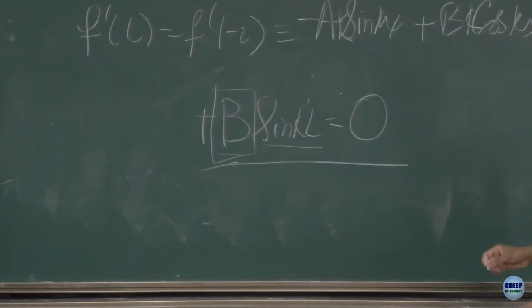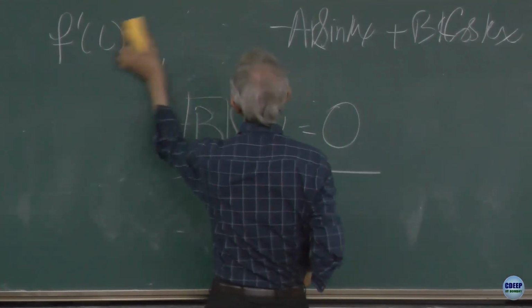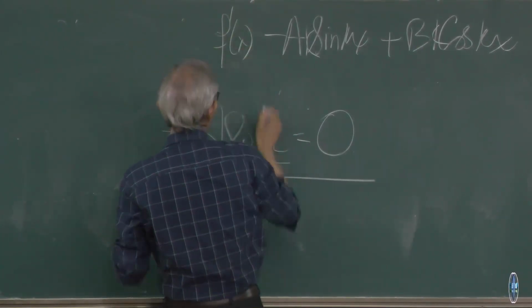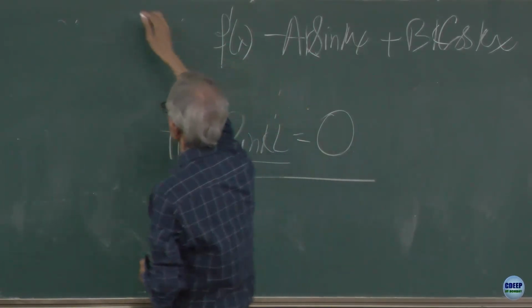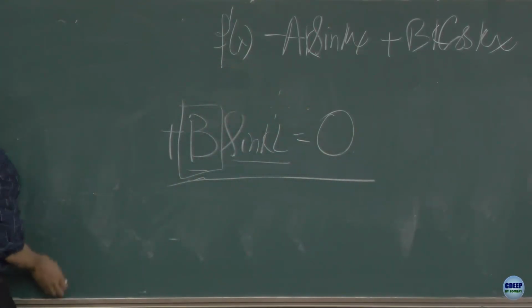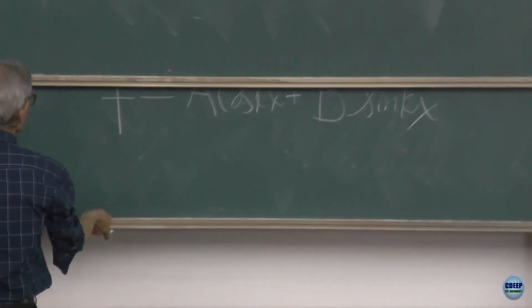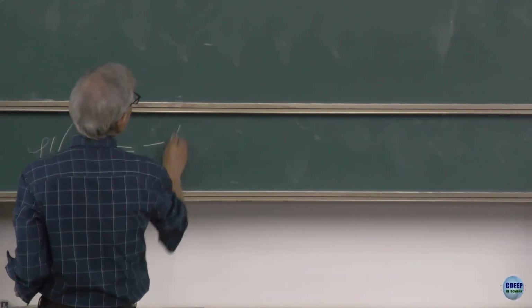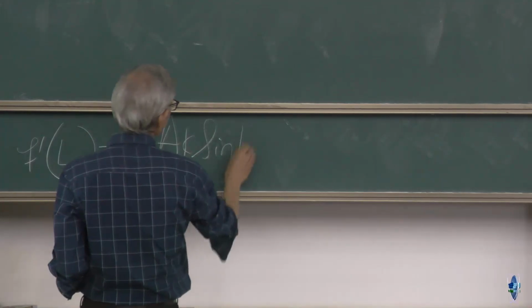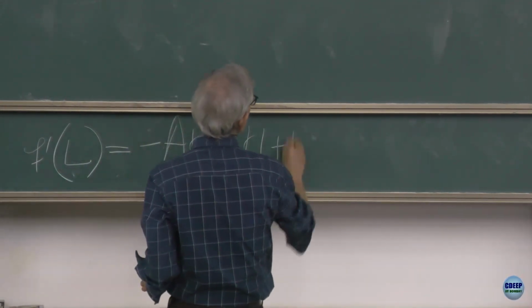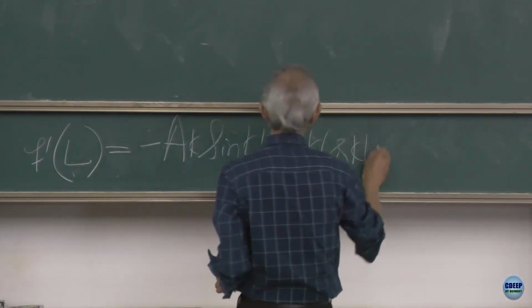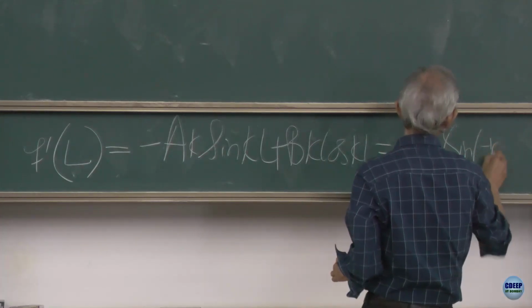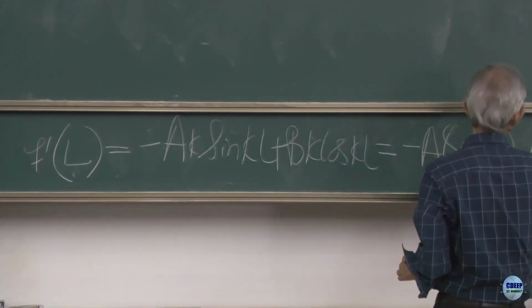So f prime of L is equal to minus ak sin kl plus bk cos kl, which is equal to minus ak sin minus kl plus bk cos kl.